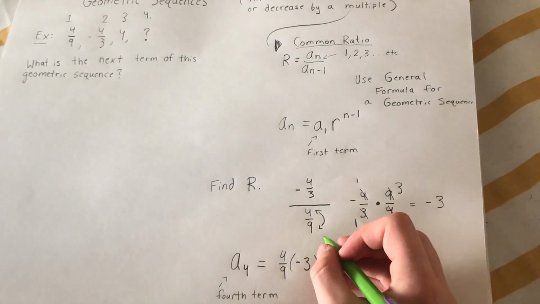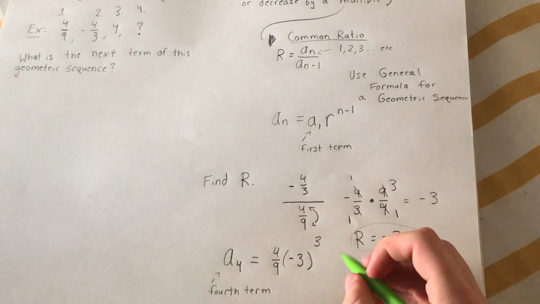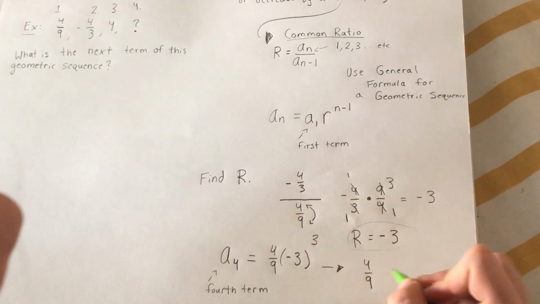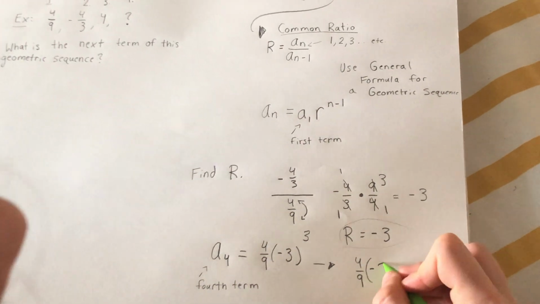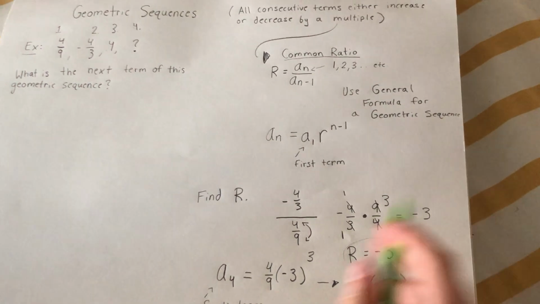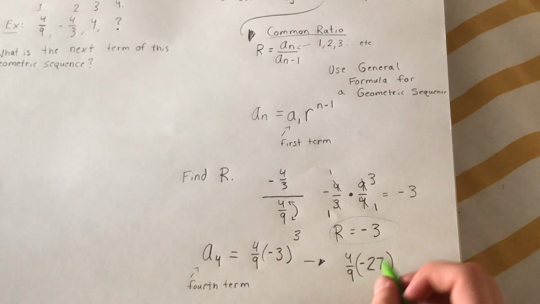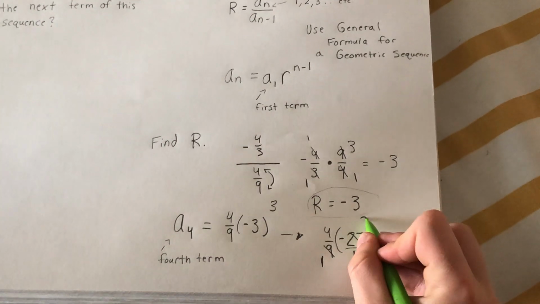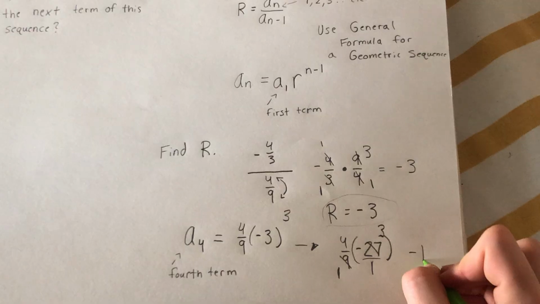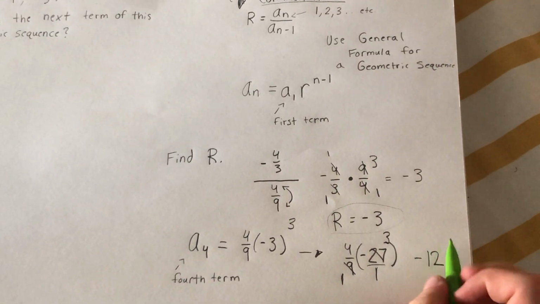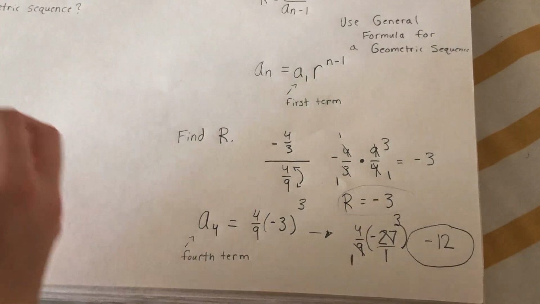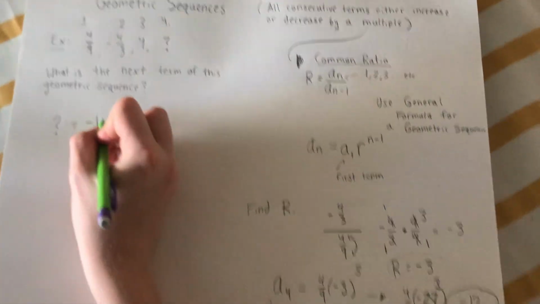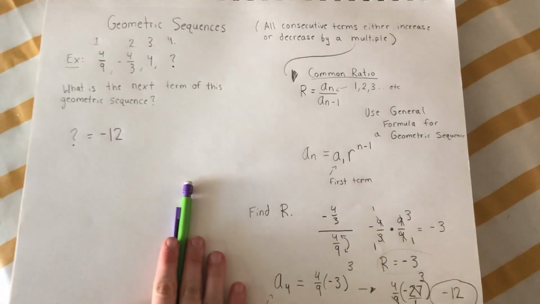So 4 minus 1 is 3. Simplified, this is going to be 4 divided by 9 times -27, because -3 cubed is -27. When we multiply this, we see that 9 goes into 27 3 times, so it becomes -12. And so that's our fourth term. Our question mark equals -12. There we go.